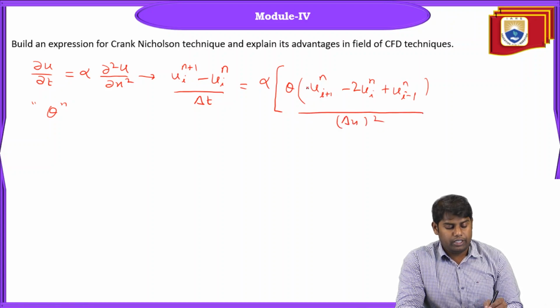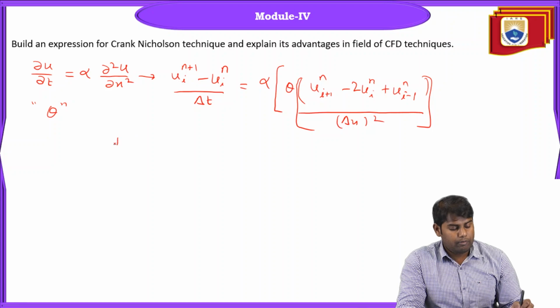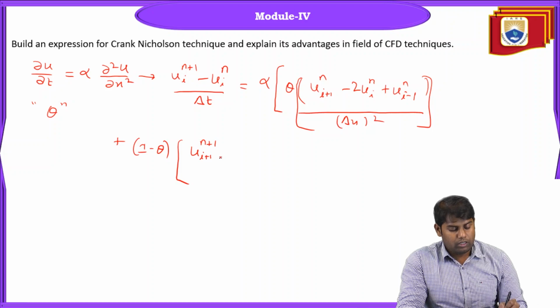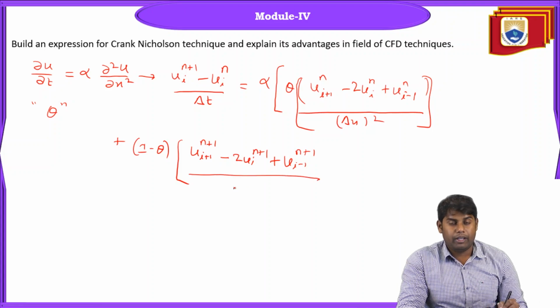This is the one thing for theta. There is one more switching factor: plus (1 minus theta) into (u of i+1 to the power of n+1 minus 2 u of i to the power of n+1 plus u of i-1 to the power of n+1) divided by delta x square.